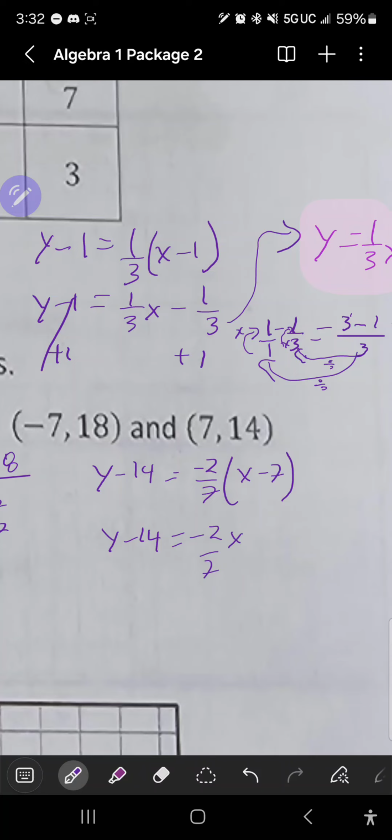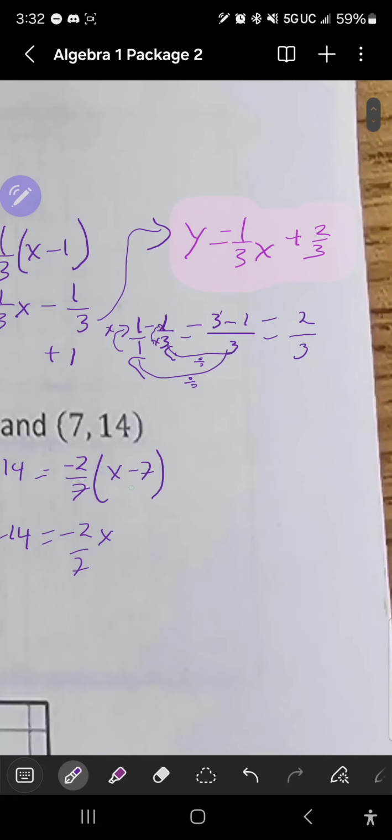Now, I'm going to do this on the other side so you can visualize it better. We have negative 2 over 7 multiplying negative 7 over 1 since it is a whole number.